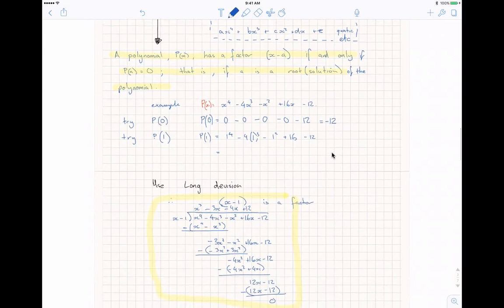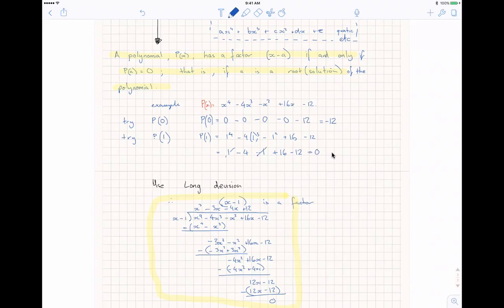So in other words, we have 1 minus 4 minus 1 plus 16 minus 12. And if we equate that, the 1's cancel, and we see that minus 16 plus minus 4 plus 16 minus 12 equals 0.